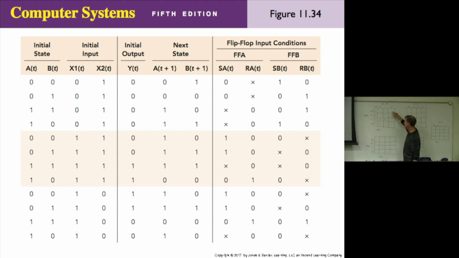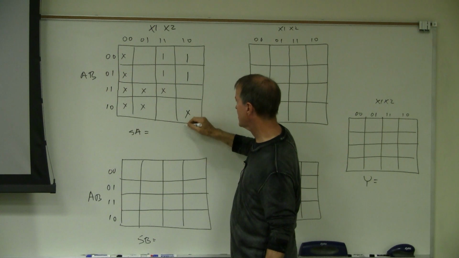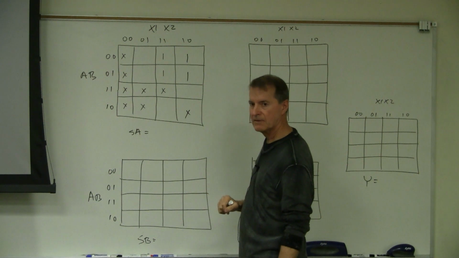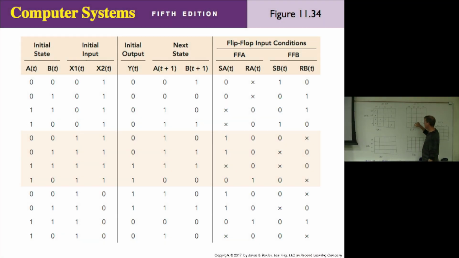Then do you see what the SA is for that? So look at the SA column where x1, x2 is 1, 0. Okay, so you're saying 1, 1, 0, X. Okay, now let's do the RA. Oh yeah, and this is because these are all don't care. This input is always don't care. Okay, so next.